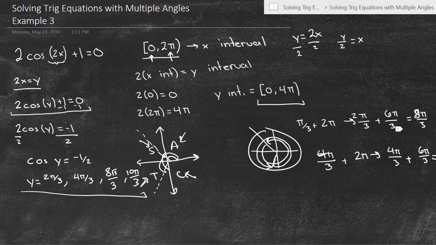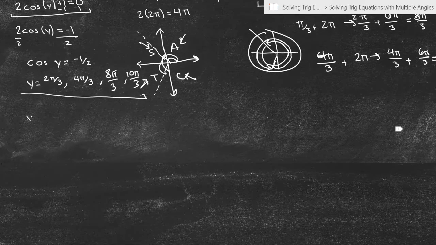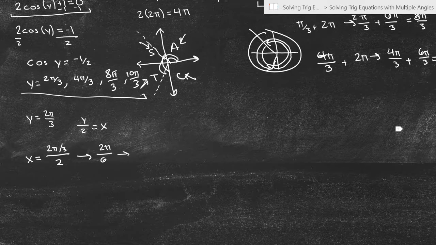And now that we know all of our y values, we can just start plugging that equation in. So if we know y, which equals 2 pi over 3, we'll start with that one. Then we know that y over 2 equals x. We can say x equals 2 pi over 3 divided by 2, which equals 2 pi over 6, simply pi over 3.